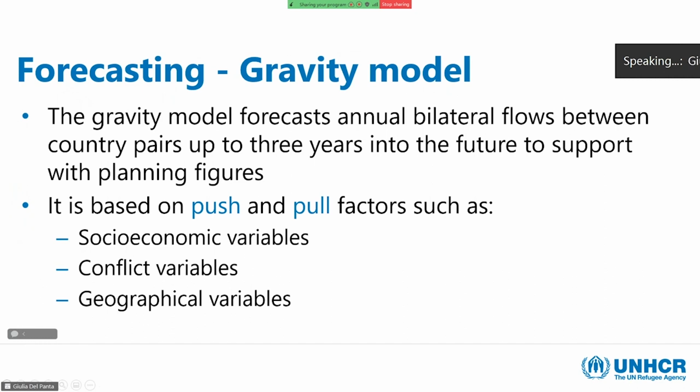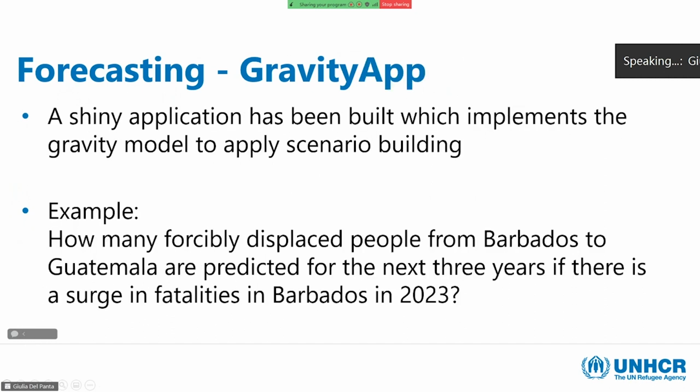This gravity model is also a work in progress, but we have one, and it's used in a Shiny application which we built, which implements scenario building. Scenario building can be used by the operations that need to come up with planning figures by giving them a tool to play with.